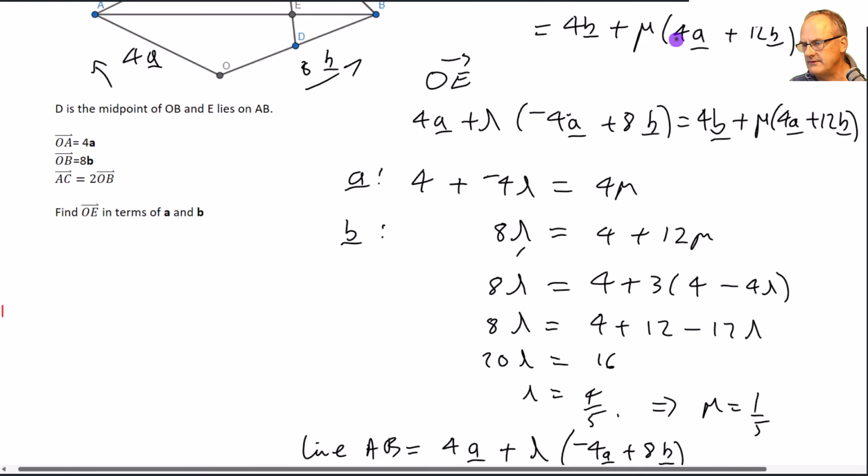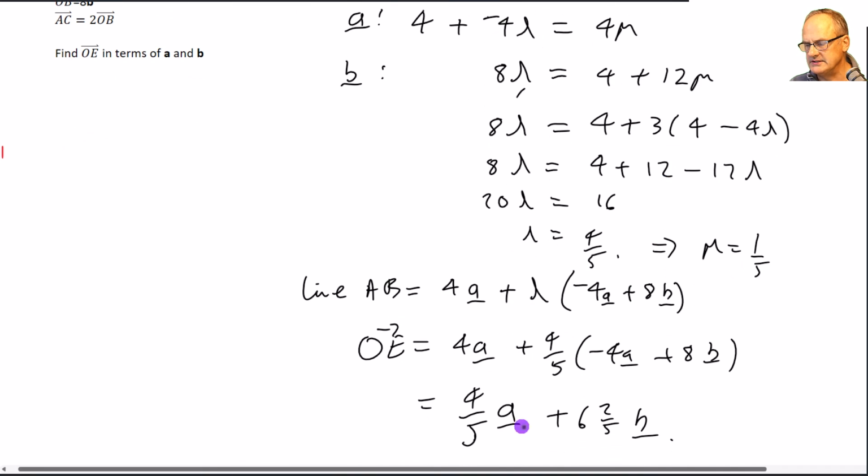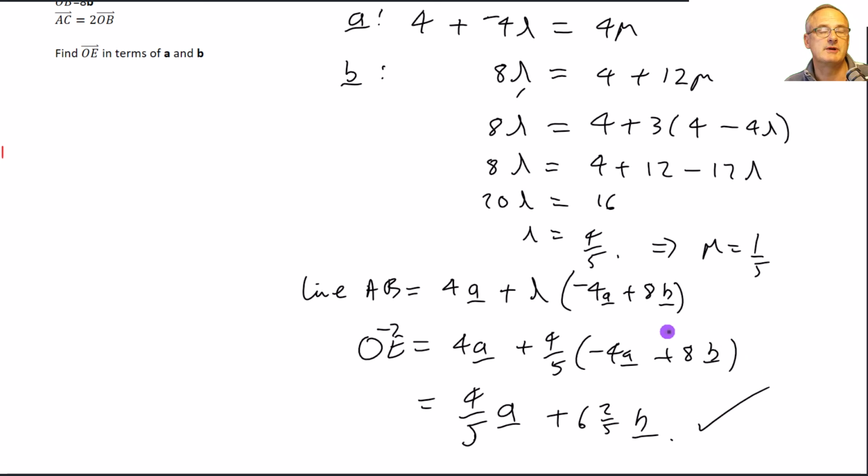So we get 4/5 of A, and we get 12/5 plus 4B. 12/5 is 2 2/5. So it's exactly the same answer we have here when mu is 1/5. So we've got confirmation that we have not made a mistake, as the two answers agree.